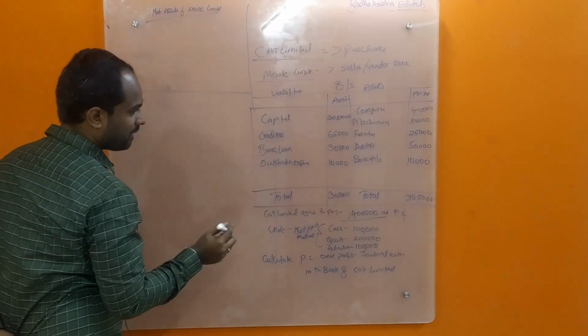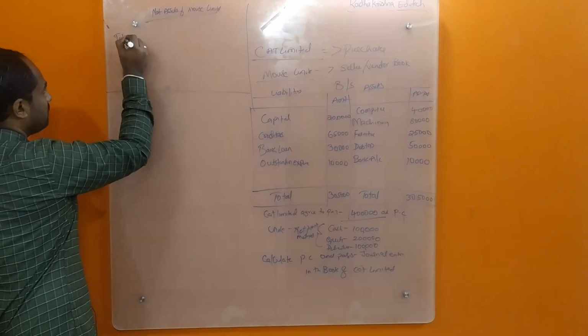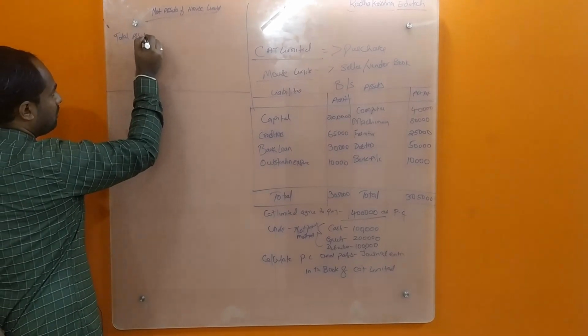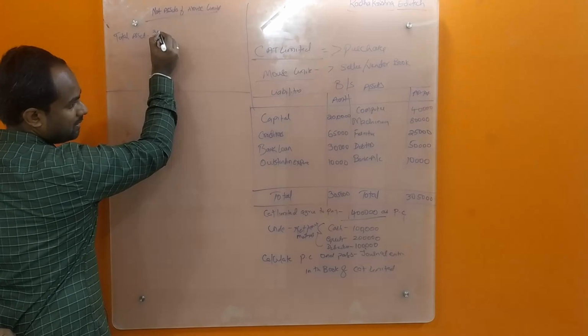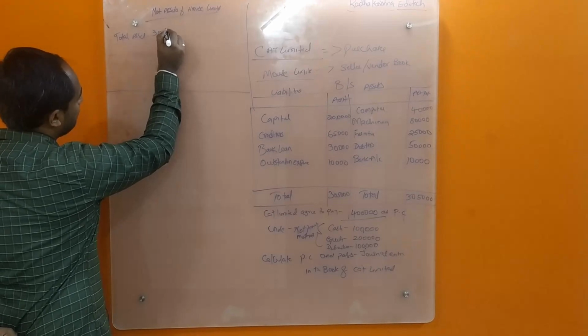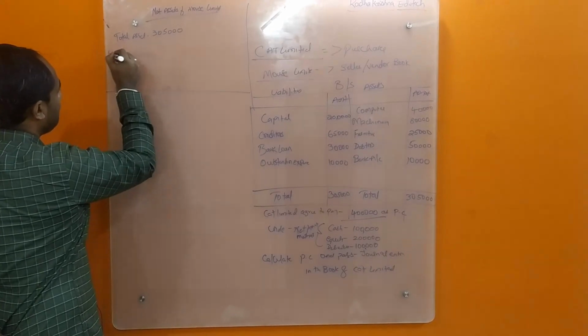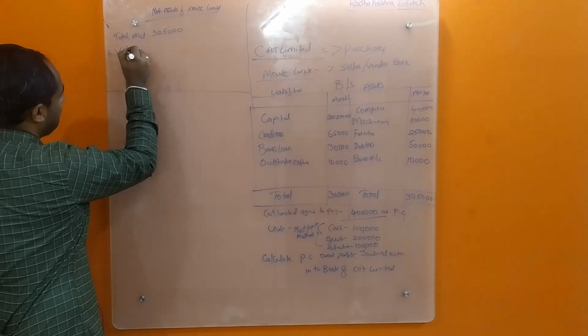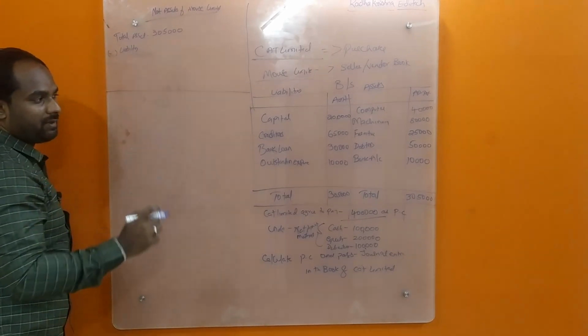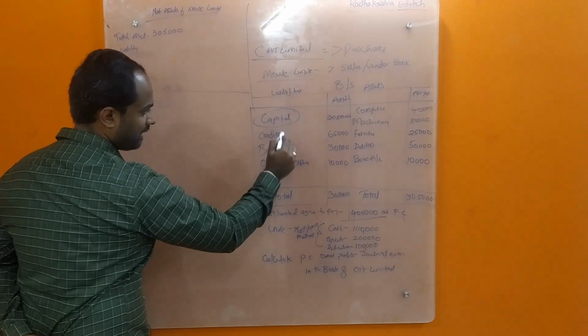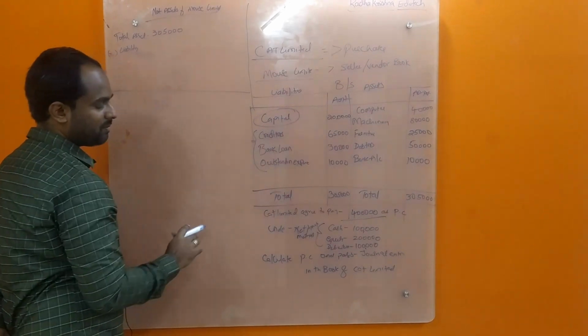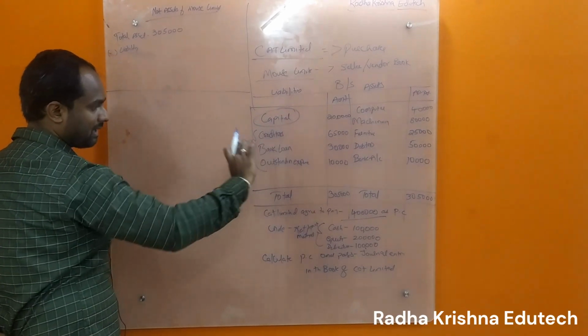So total asset value is 3,05,000, right? Less liabilities. As I told you, we are not supposed to take capital. Excluding capital, we will take all these three items because this is a current liability or other current liability.